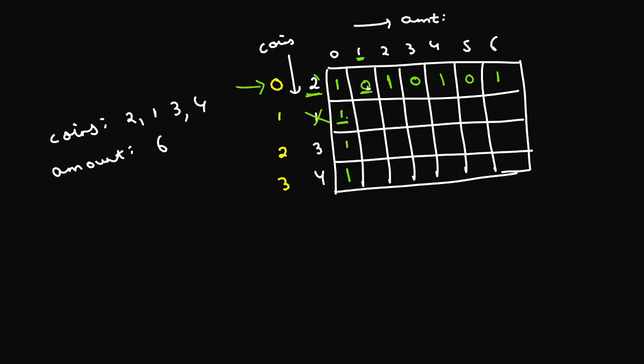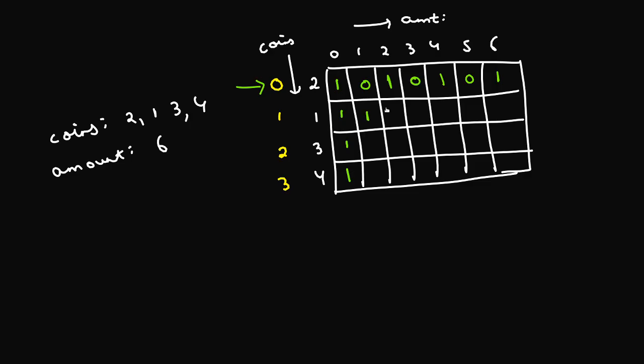So these are the two values which you will be considering in order to obtain the value which will go into this particular block, which is 1 plus 0. So this will be a 1.